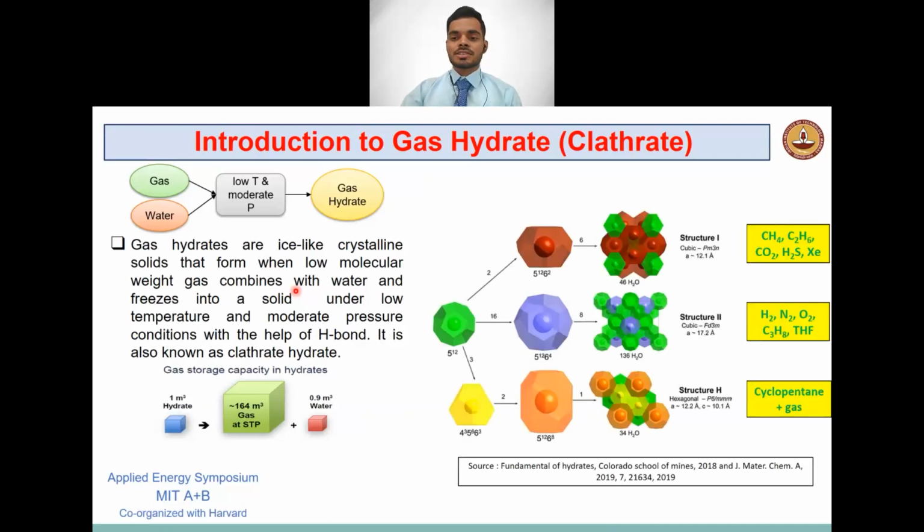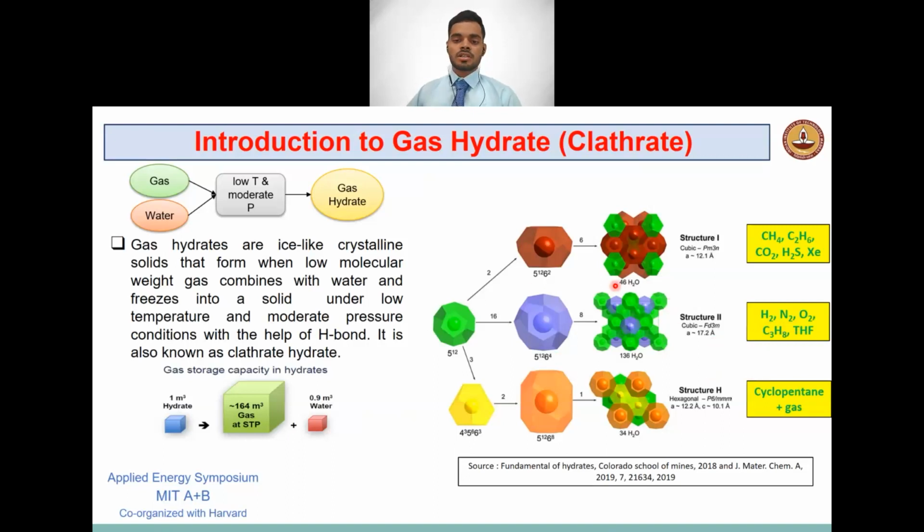Basically, there are three types of structure of a gas hydrate. Structure one hydrate is formed with a combination of two small cages and six large cages, which can trap methane, ethane, like medium size gas molecules. Structure 2 hydrate is formed with a combination of 16 small cages and 8 large cages, which can trap smaller size molecules like H2, N2, O2.